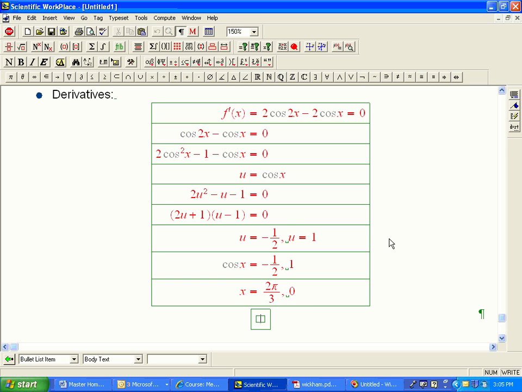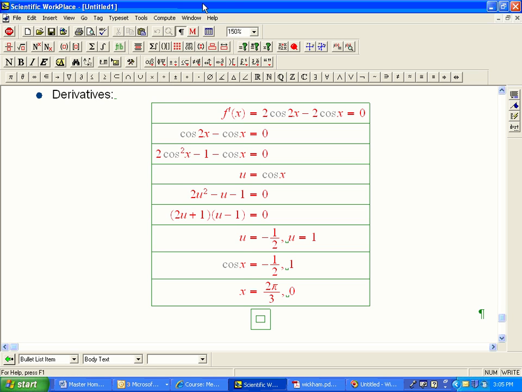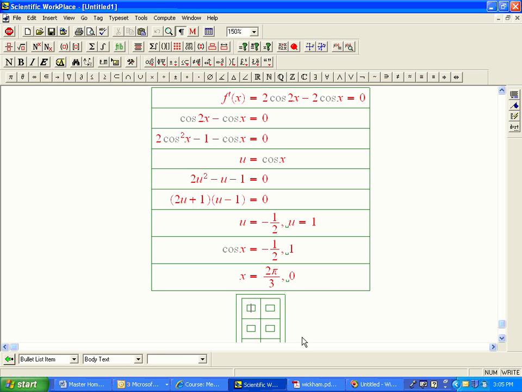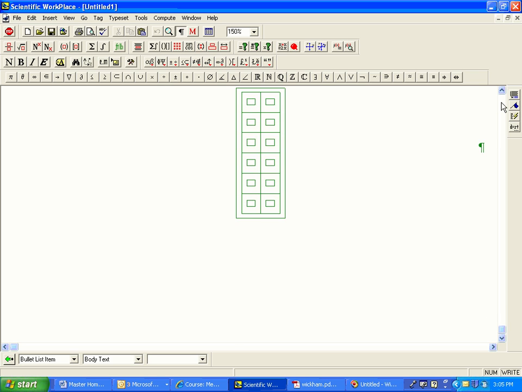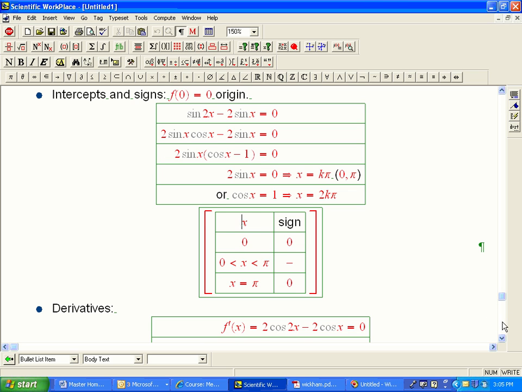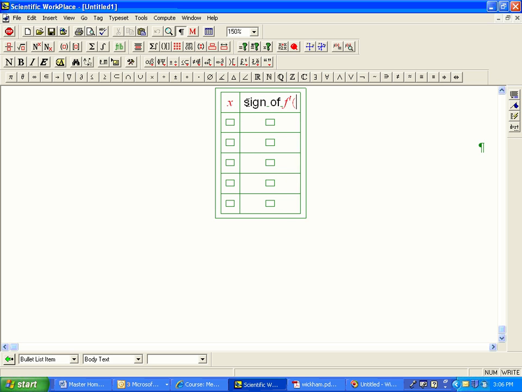Okay, so now let's make another little matrix. I don't really need brackets, though, so why don't I just delete those for tidiness's sake? Okay, so now x, and now sign of f prime of x. What are we going to do?